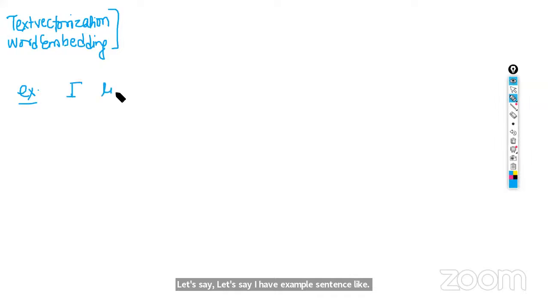Now let's suppose I have an example sentence, like "I like keras." Let's suppose I have this small sentence, and I want to transform this text sentence into its vectorization form using a deep learning approach.